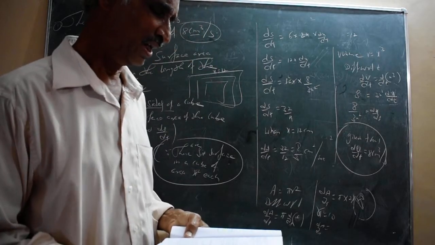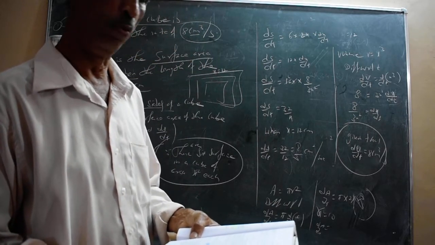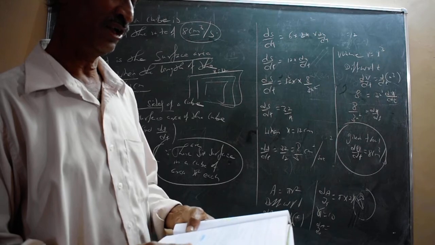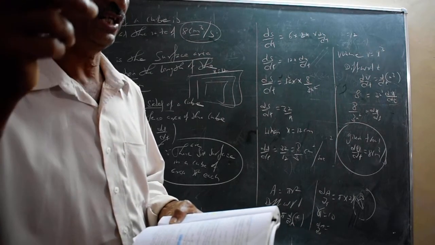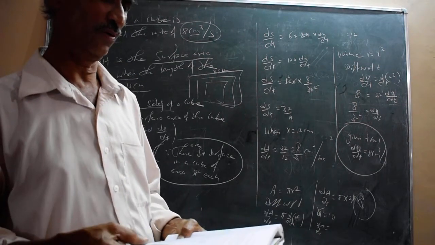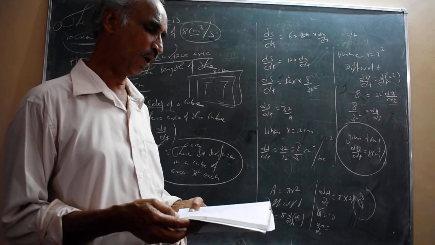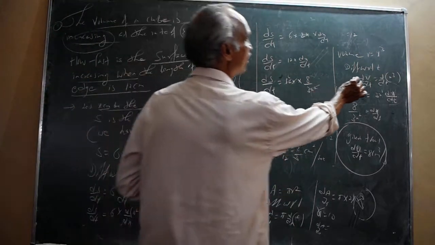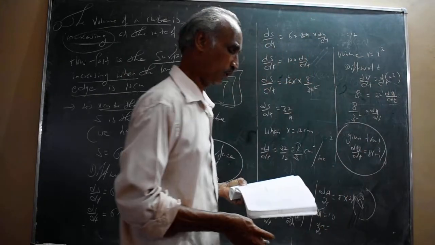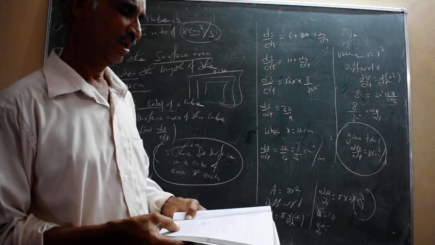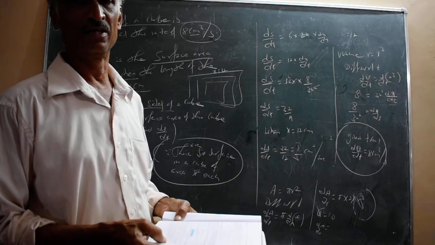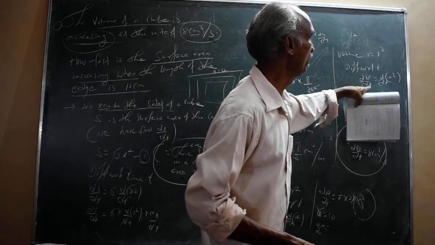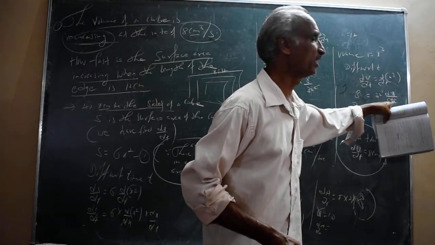Another one is like that only. An edge of a variable cube is increasing at the rate of 3 cm per second. x is the edge, then dx by dt is 3 cm per second. How fast is the volume of the cube increasing? You have to work out dV by dt. Volume is x cubed. When the edge is 10 cm, dV by dt is 3x squared into dx by dt.